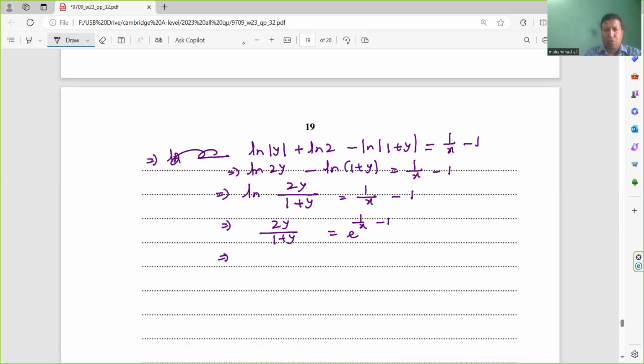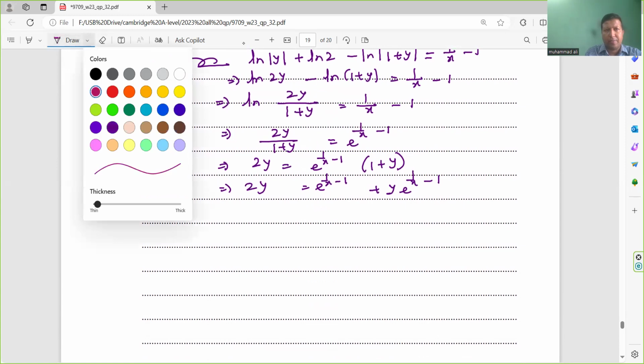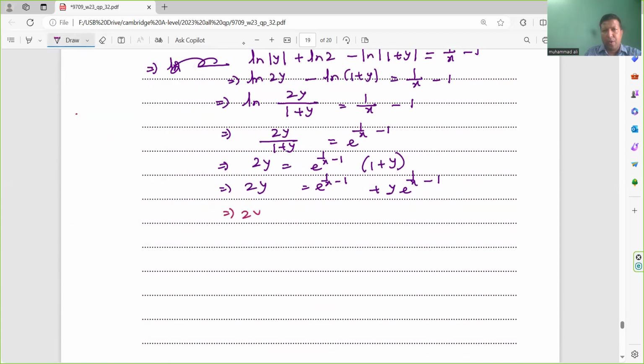So if we do cross multiplication, 2y equals to e to the power (1 by x minus 1) into (1 plus y). So we will get e to the power (1 by x minus 1) plus y into e to the power (1 by x minus 1). Now we try to write all the y related terms together. So we get 2y minus y e to the power (1 by x minus 1) equals to e to the power (1 by x minus 1).